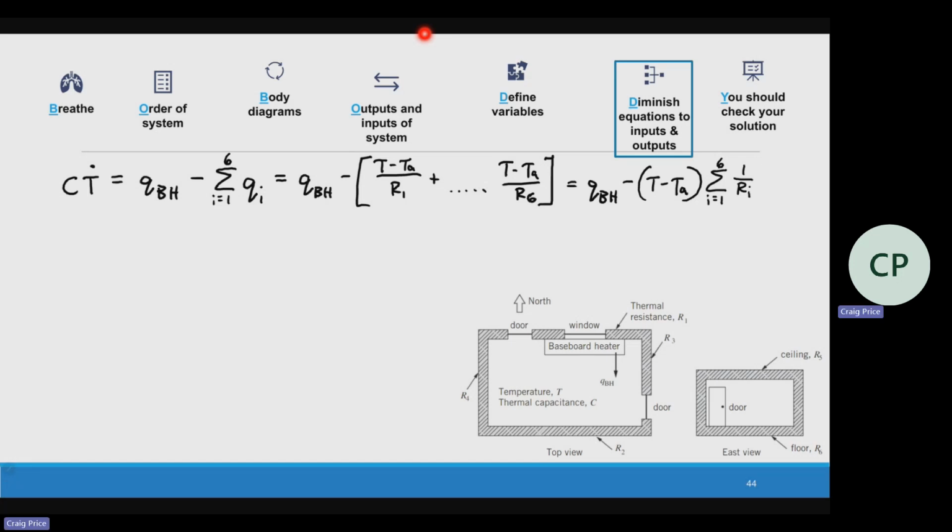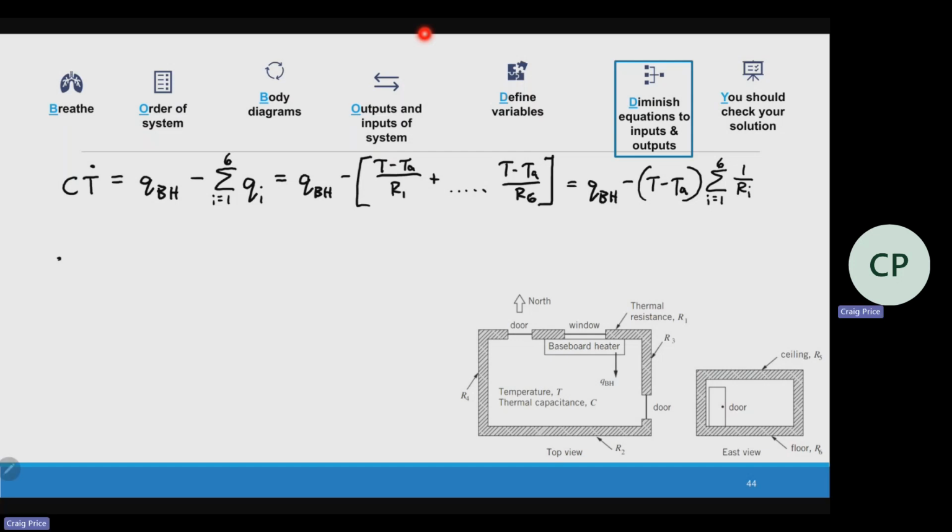The last step I want to do is I want to get all the T's to the same side, because this temperature is the temperature of the room. It's the same as the CT. This is the temperature that we're trying to track. How does it change over time?